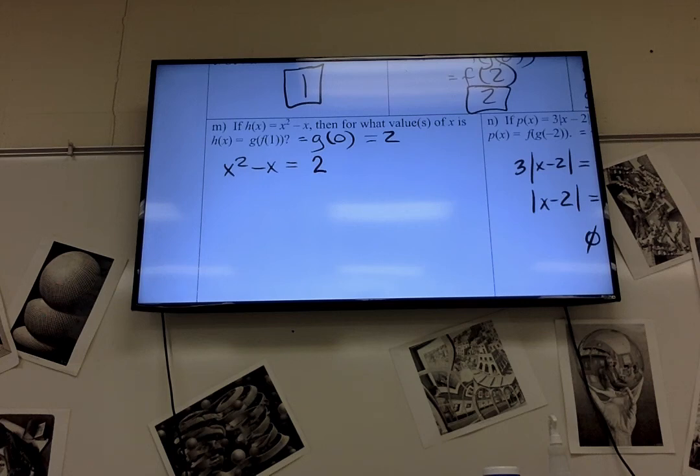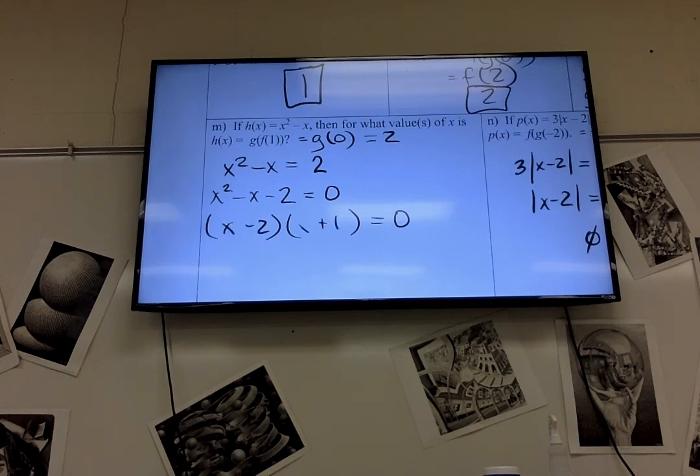So I have to set it equal to 0. That's why we subtracted 2 from both sides. And I don't have to do the long no-fuss method because I don't have a number in front of the x squared. I need two numbers that multiply to give me -2 but add to give me -1. -2 and +1.